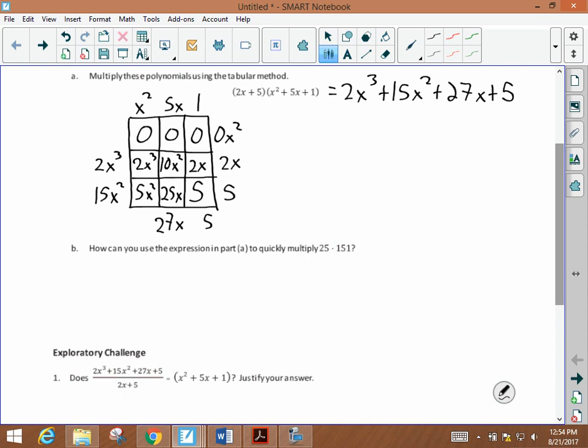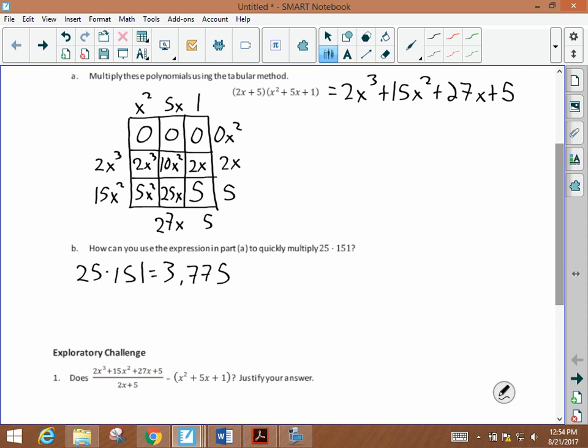How are division and multiplication related? And obviously they're opposites, right? So let's look at that. It turns out that 25 times 151 is equal to 3,775.